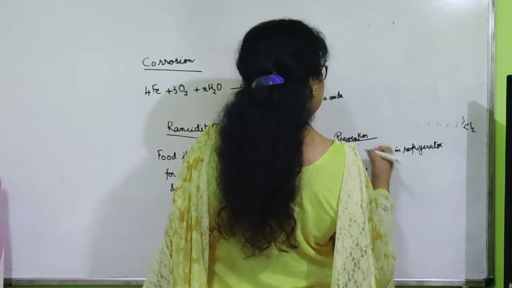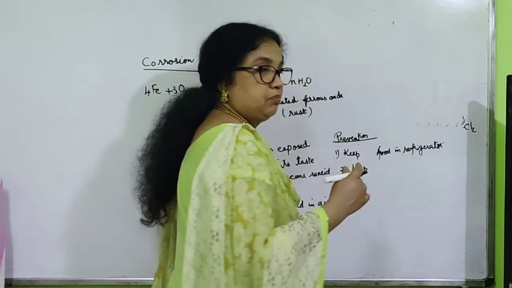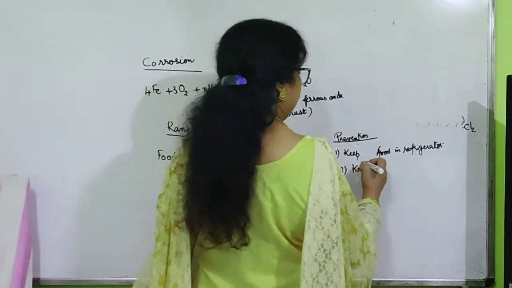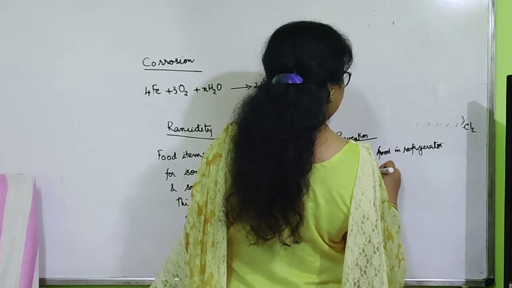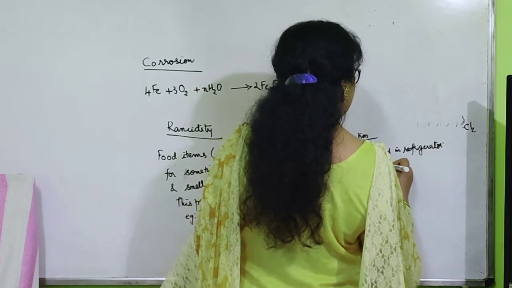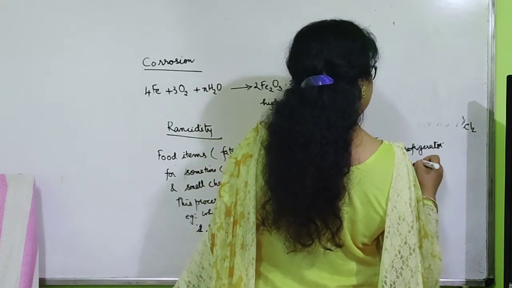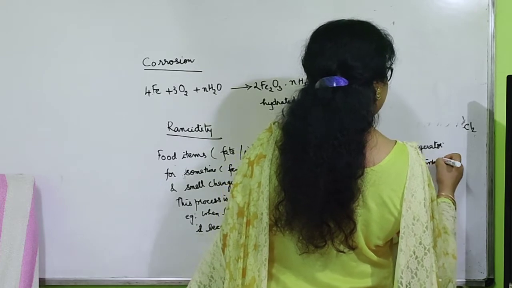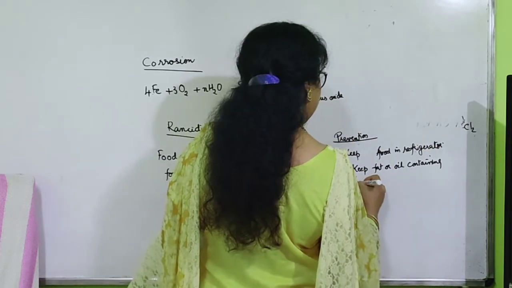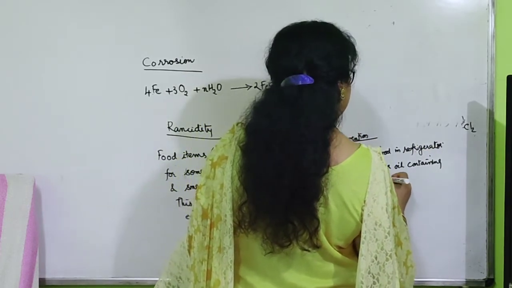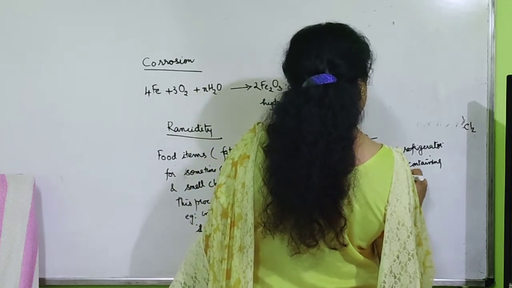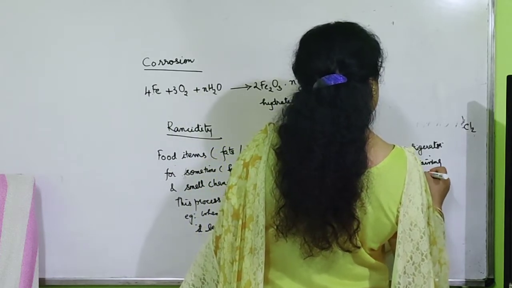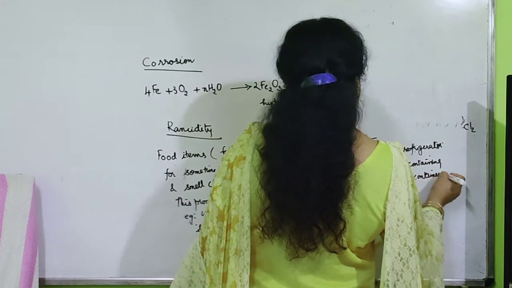Another one is to keep fat or oil containing food, like chips, in airtight containers. That is the second method.